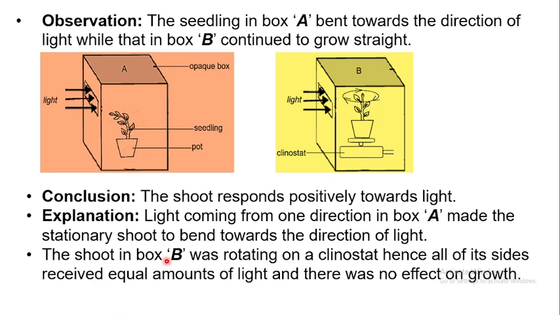The shoot in B here was rotating on a clinostat, hence all of its sides received equal amounts of light, and as a result, there's no effect on growth. So this is the experiment that you would carry out to show plant growth towards light. Notice that setup B is acting as an experimental control.